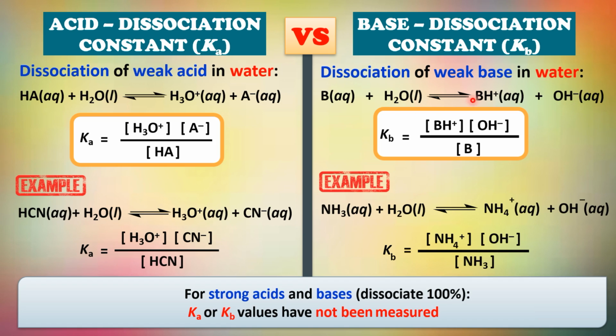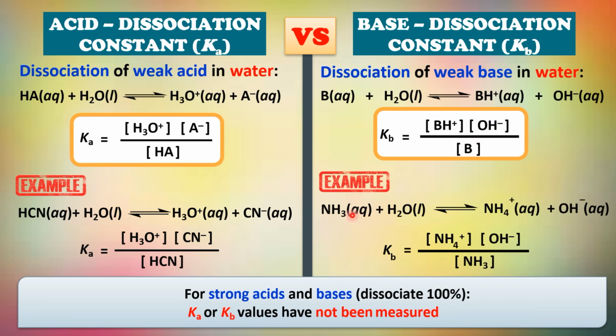The reaction here is reversible because a weak base does not dissociate 100%. Liquid is not considered in the Kb expression. So the Kb expression would be concentration BH plus times concentration OH minus over concentration of weak base.